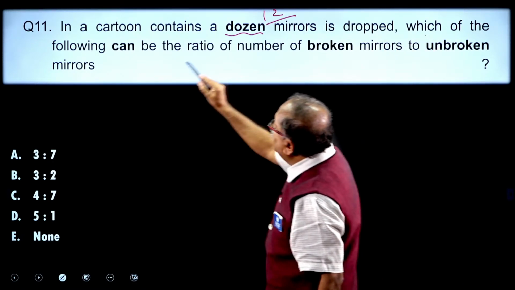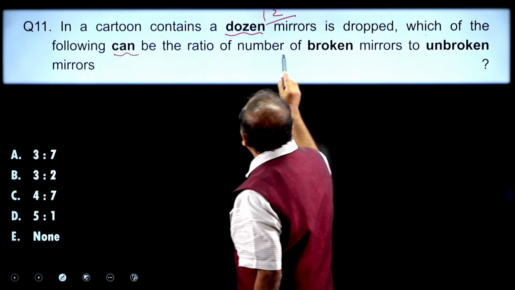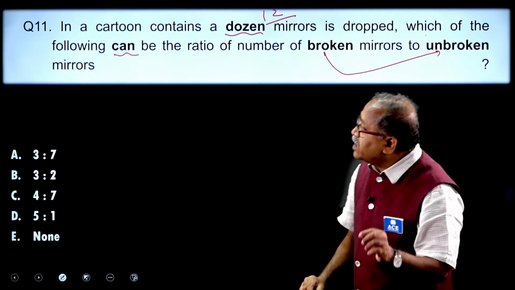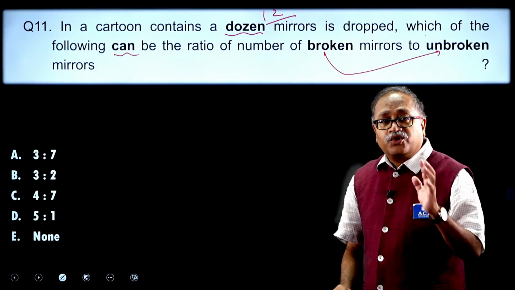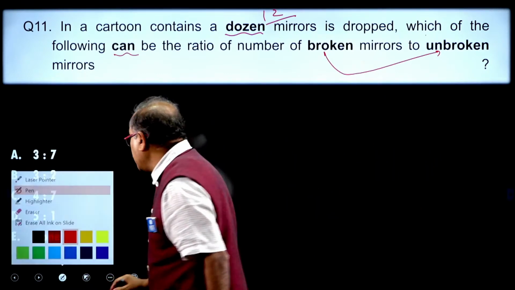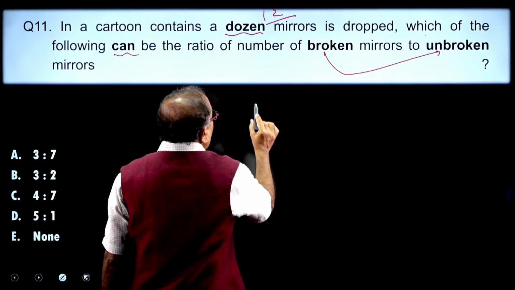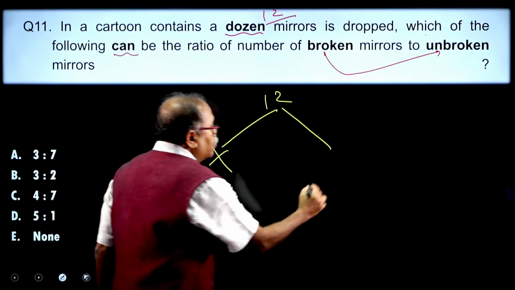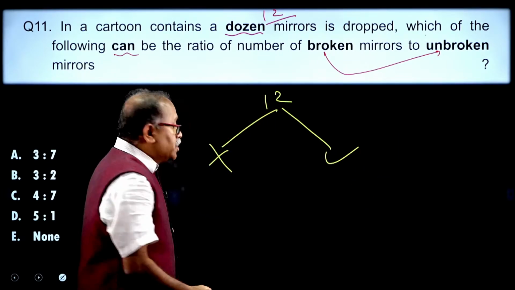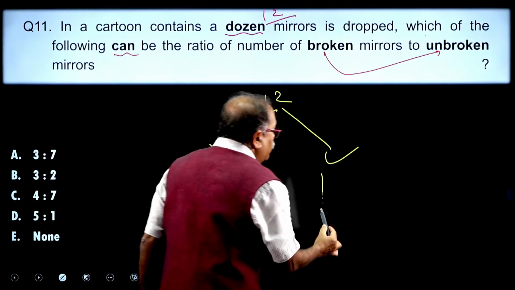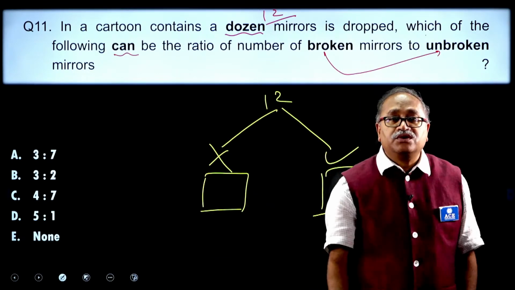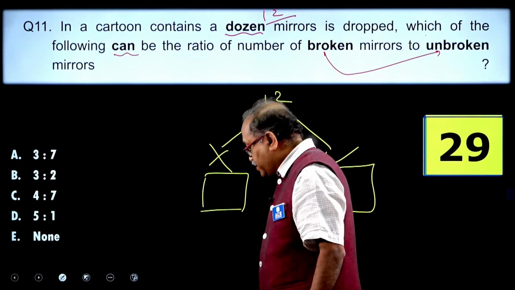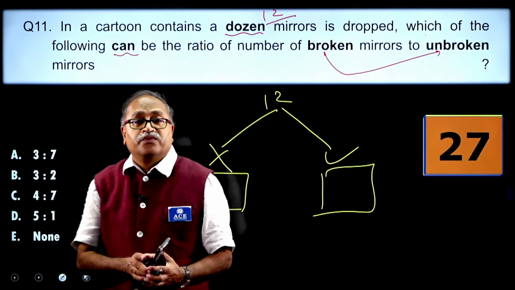So which of the following can be the ratio of the broken to unbroken mirrors? So in a carton, 12 are there, it has fallen down, and some are broken, some are not broken. So broken to not broken, which of the following could be the ratio? Come on, my dear friend, very commonly asked question this one. Your 30 seconds starts now.